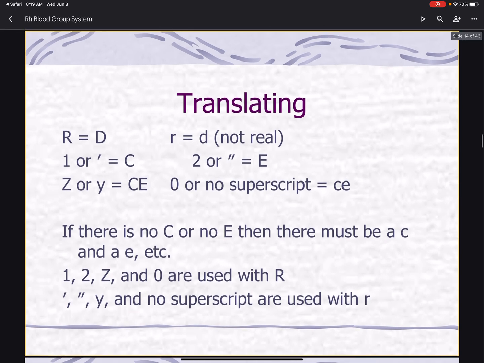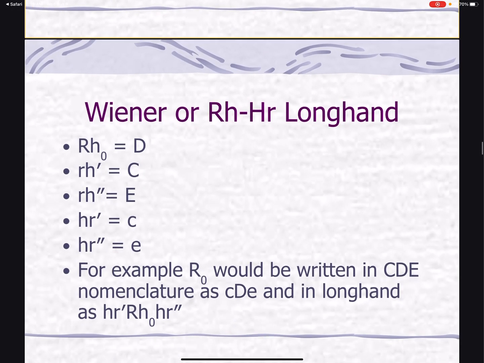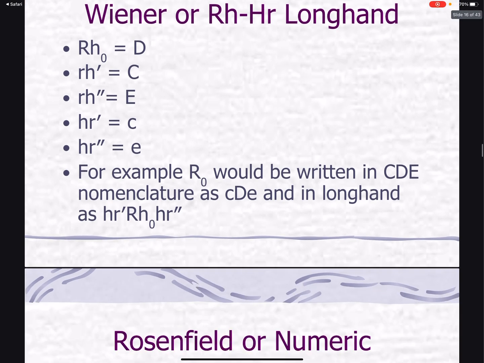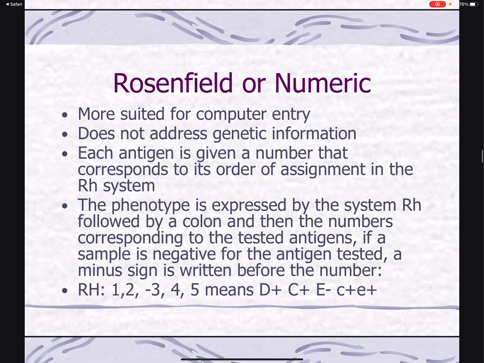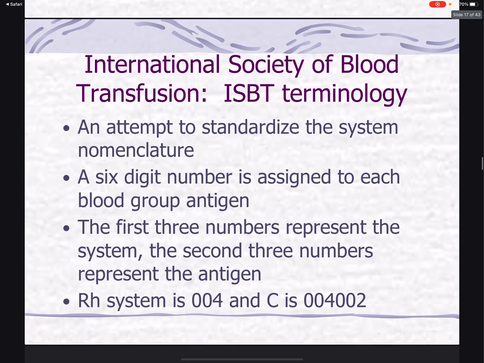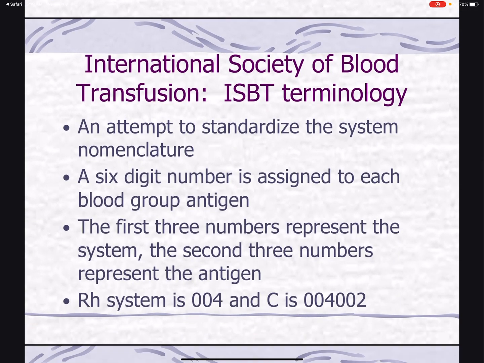So again, I will come up with a handout to give to you. Same thing for Wiener. Do not worry about Rosenfeld. Rosenfeld basically just assigns each antigen a number. It says RH1, RH2, RH3. RH1 would be D. RH2 would be big C. RH3 would be big E, etc. Don't worry about it. Same thing with the RH system and ISBT.